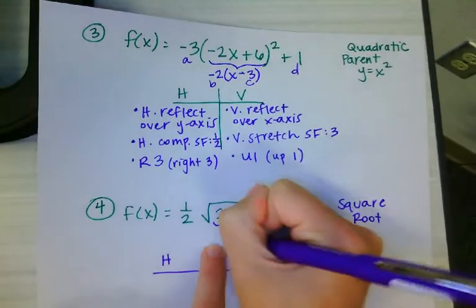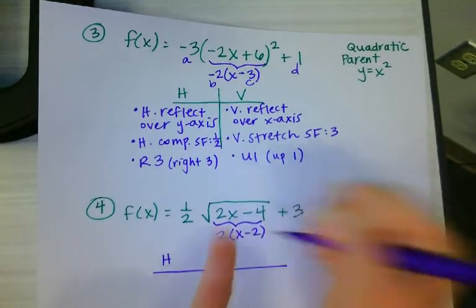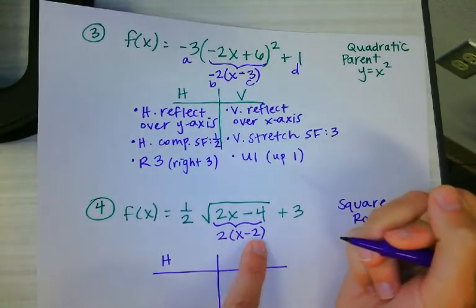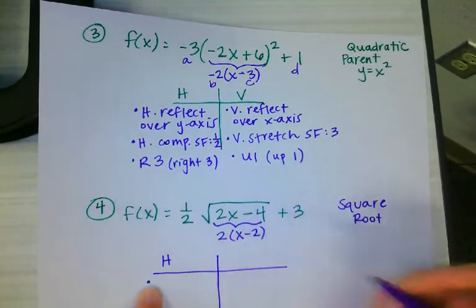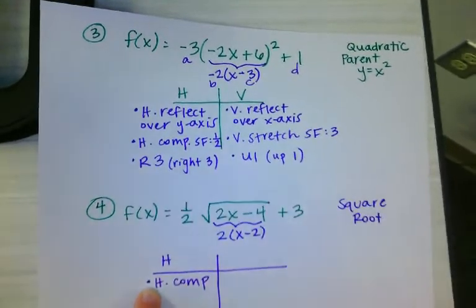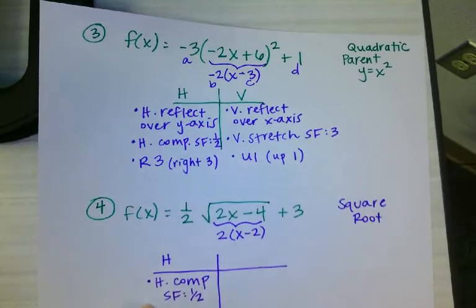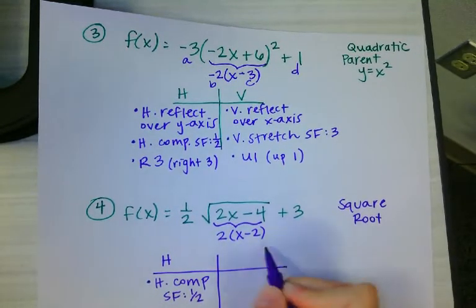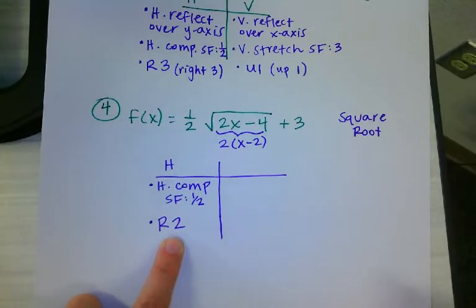I need to separate out the b value by factoring out a 2, and it leaves x minus 2 when I divide each part by 2. Okay, so the 2 here means I have a horizontal compression. You can refer back to the summary we made on the page before. The scale factor is the reciprocal of 1/2. And then x minus 2, a minus means we are shifting the graph to the right.